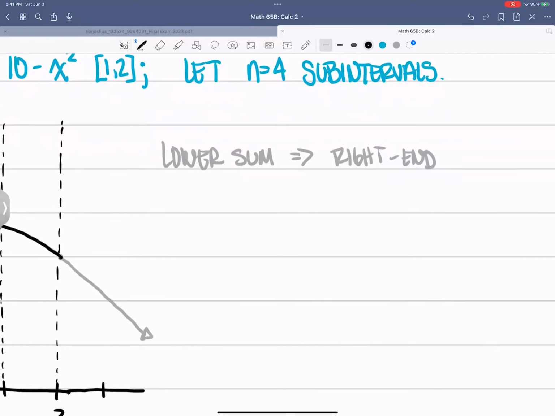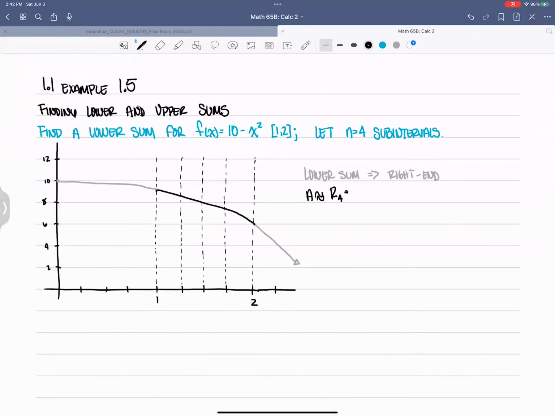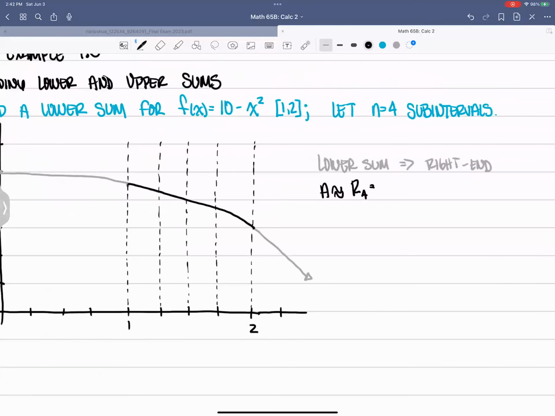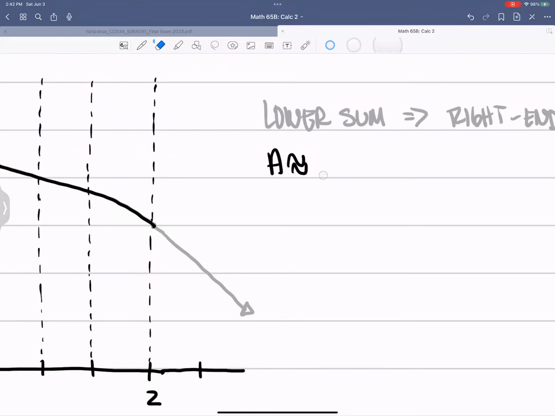We're looking at area approximately right endpoint. Let's just make it for this problem, R4, that's going to be equal to, oh, we actually need to find our delta x. Let's find that one first.